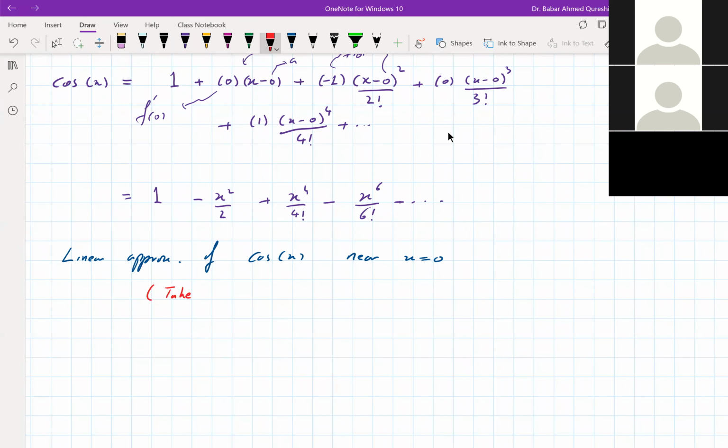Take only powers up to 1 of x. So that means cosine x is just 1 near x is equal to 0 in linear approximation.